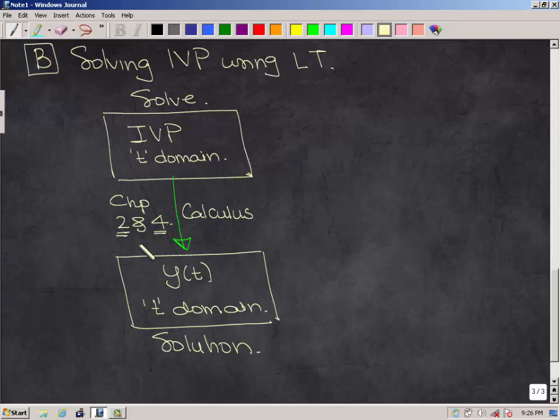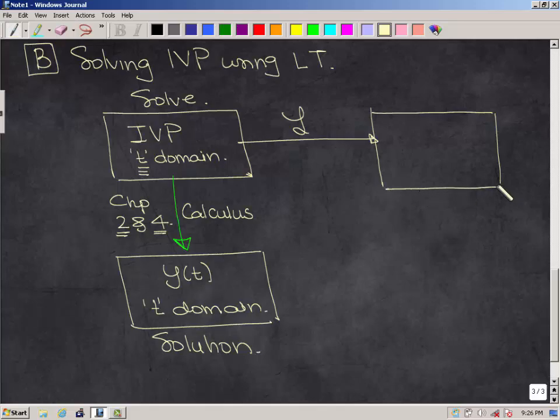We also learned in chapter 4 that we can do the same thing for the third order, the fourth order, and so on. Now what we want to do in this section is take this initial value problem and transform it by taking the Laplace transform of it. So we're going to start with a problem that's in the t domain, and we're going to transform it using Laplace transforms to a new problem.